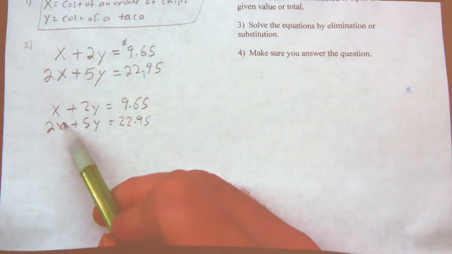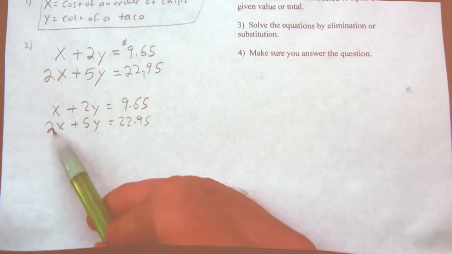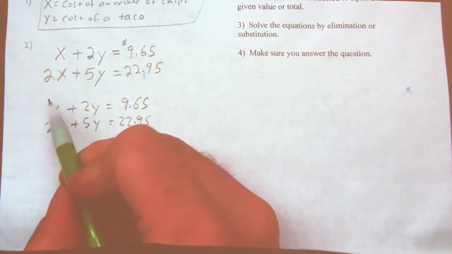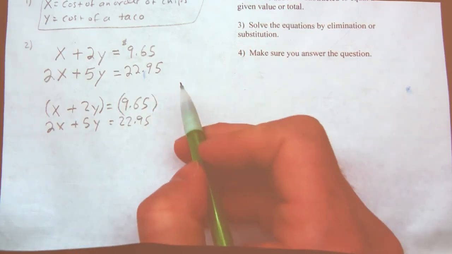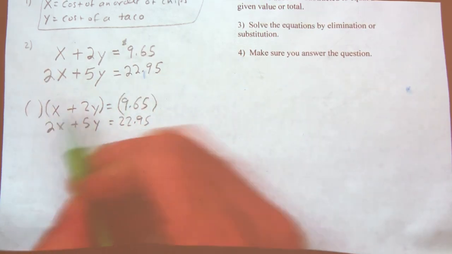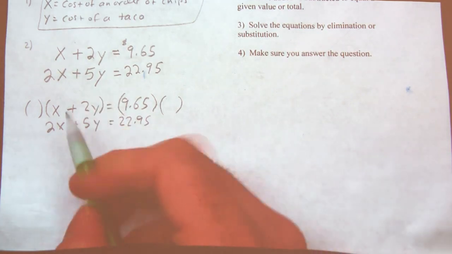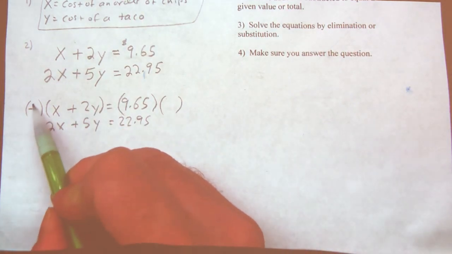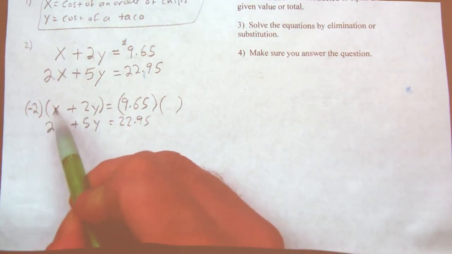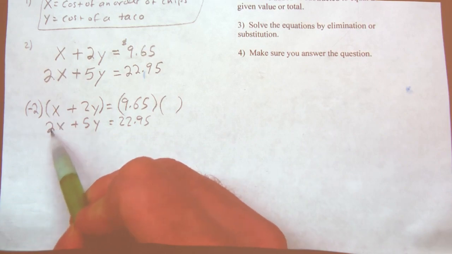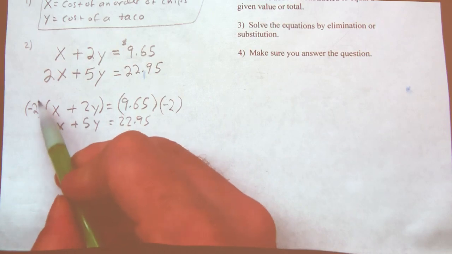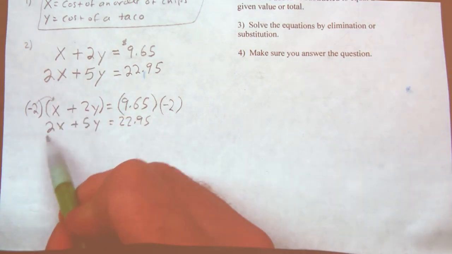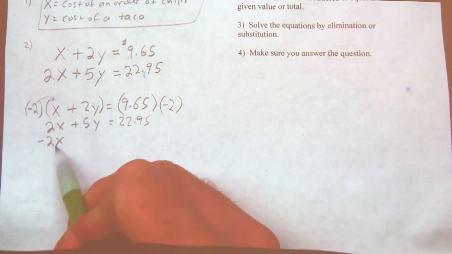Now, I'm just going to make a choice here to cancel the x's. That means that if I multiply both sides of the equation, or all the terms, by negative 2, I can see that negative 2 times x would be negative 2x, which would cancel with this 2x. So that's what I'm going to do. Remember to multiply all the terms. So negative 2 times x becomes negative 2x.